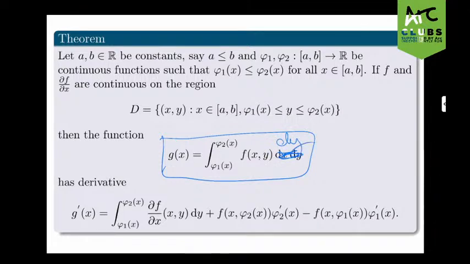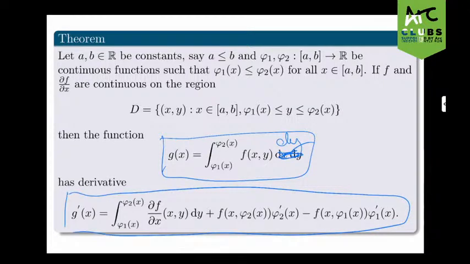Basically, if you integrate this function, the y disappears. This is just a function of x. The y has gone on to do the integral. So it's possible for us to find the derivative of g without worrying about integrating this first, using this rule. There are some conditions for when this is true, but most examples you have in your exam should allow you to use this formula directly.